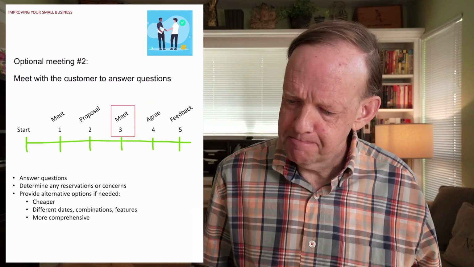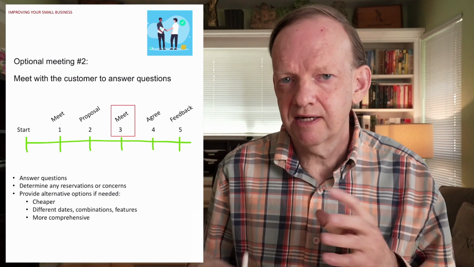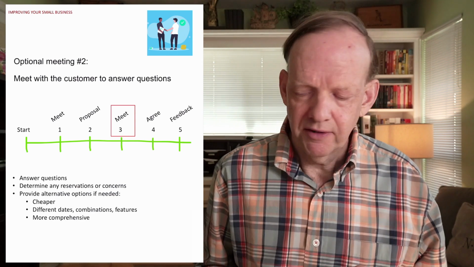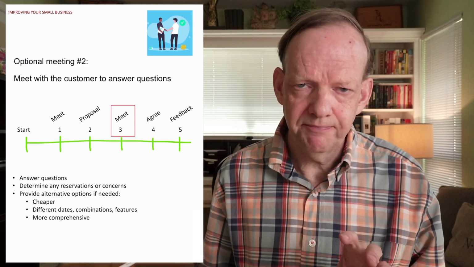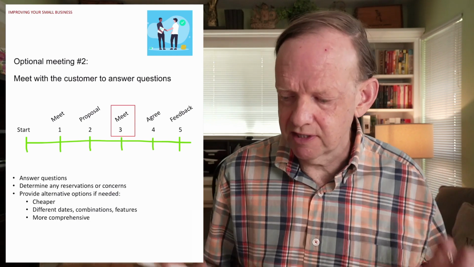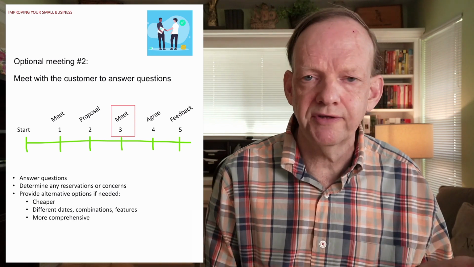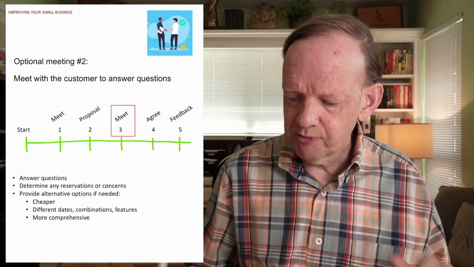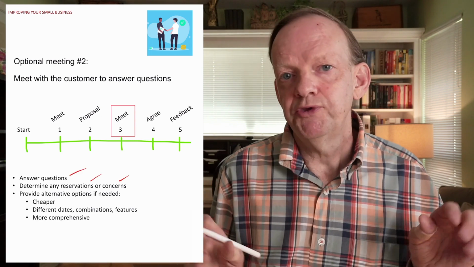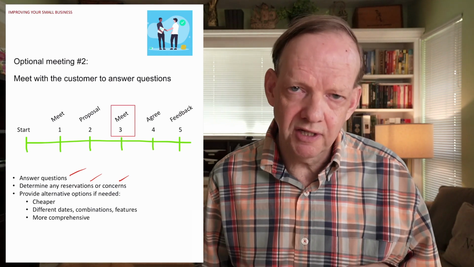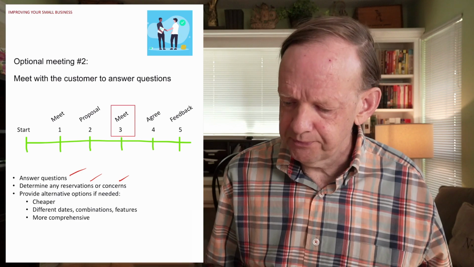Okay. So if the client has not purchased yet and they're kind of unsure what it's going to do, then the proposal will say there's a complimentary 1 to 2 hour meeting. You can have any time you want, just schedule it. And you can bring your colleagues and your big bosses and the people you work with, and we can answer questions, we can discuss reservations and concerns, you can get them bought into the solution a little bit, and I can work with them on the phone call or the video call.